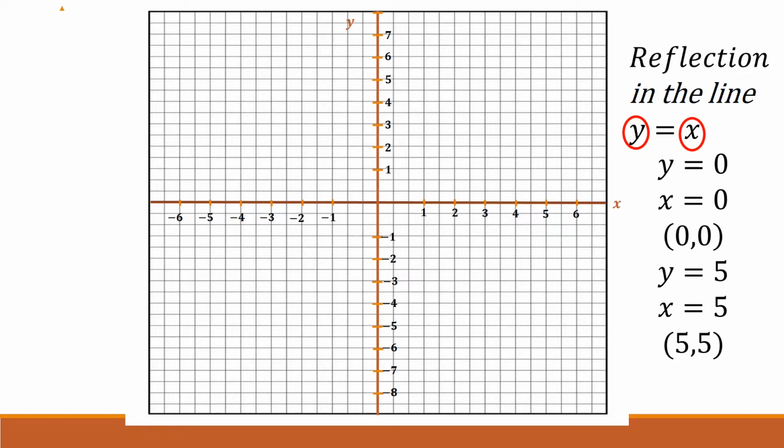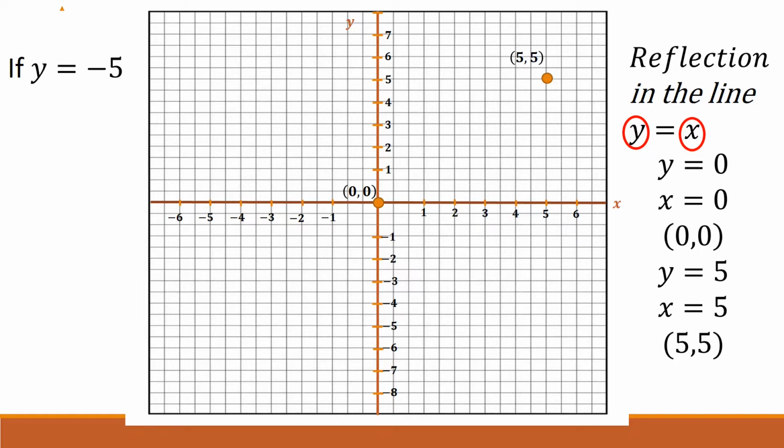So on the graph, the point (0, 0) will appear at the origin, and the point (5, 5) is 5 on the x-axis and 5 on the y-axis.